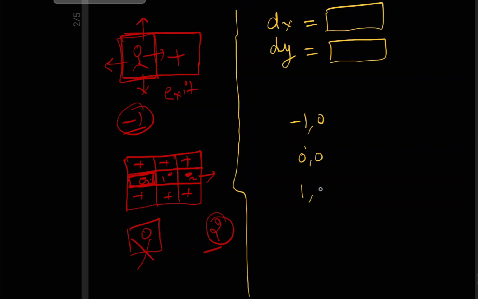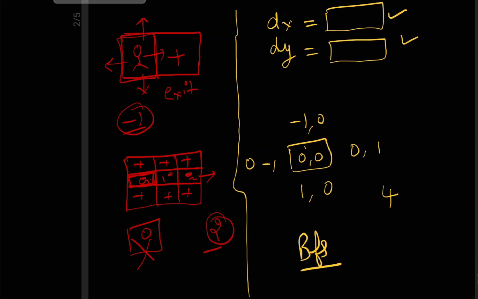Downward is 1, 0, here 0, 1, and here 0, -1. Understood? So what do I fill in my dx and dy? For the movements, because I can move in only 4 directions. So I will initialize my dx and dy for the movements, and we will apply BFS in this problem.